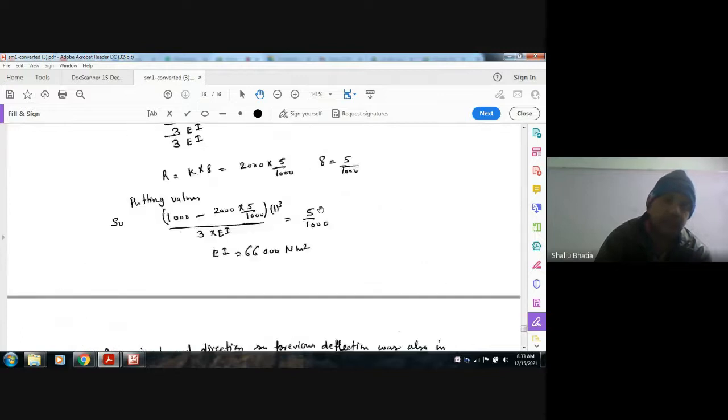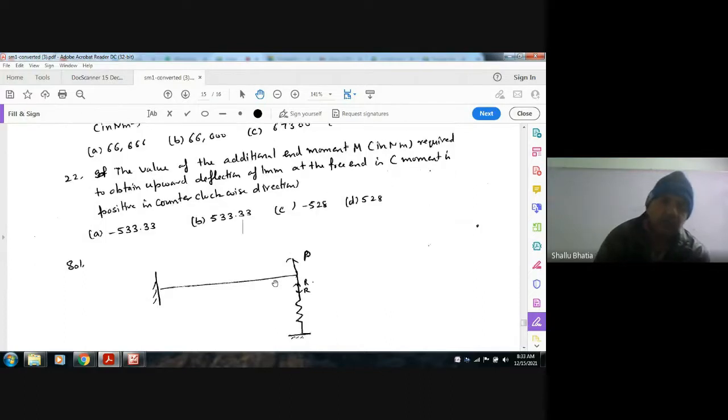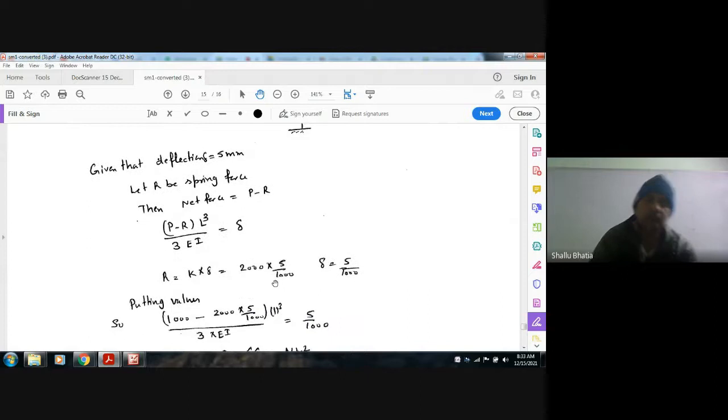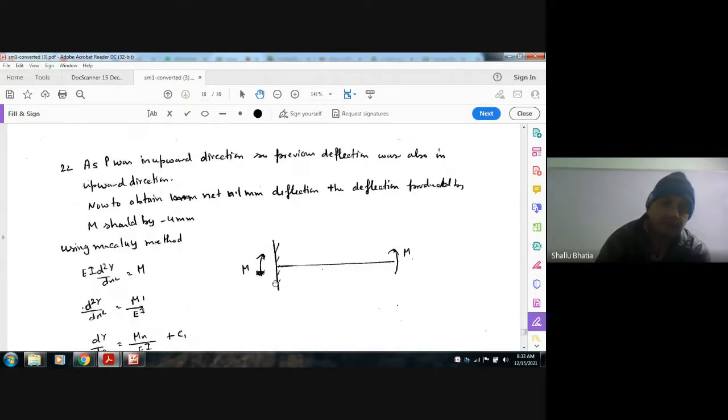Now it is asked that the upward deflection is 1 mm. Now this M will create a deflection of 1 minus 5 mm, that is minus 4 mm.